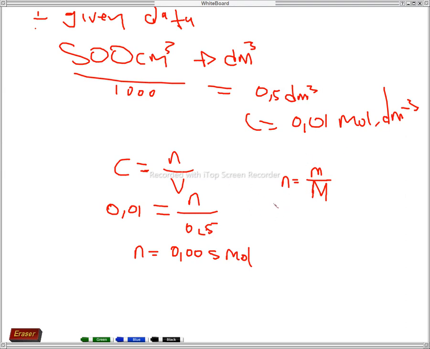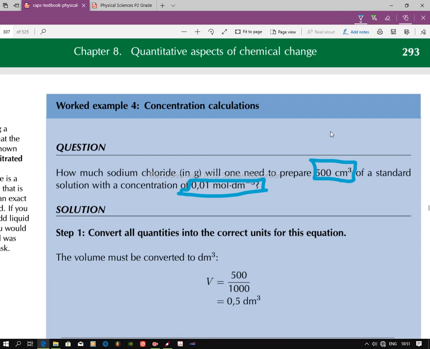We have the number of moles, which is 0.005, and we don't have the mass, which we are looking for, and then we also have the molar mass. We can calculate the molar mass. Let me not skip too much.